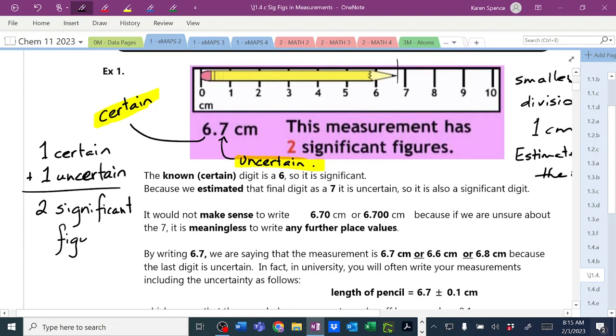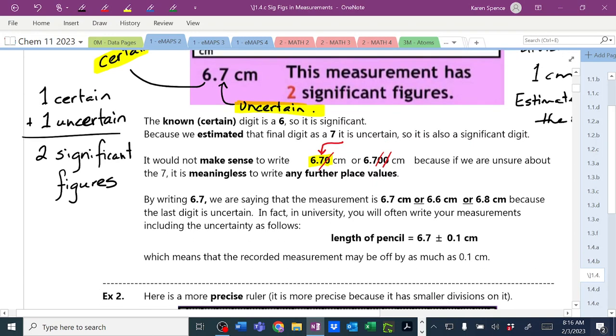In other words, there are 2 meaningful digits in this number. It would be meaningless to go any further. If we were to write 6.70, that 0 would be meaningless, because if the 7 is uncertain, we can't say anything meaningful about the hundredths or thousandths position. And with 6.700, we also cannot go past it. So we have 2 significant figures.